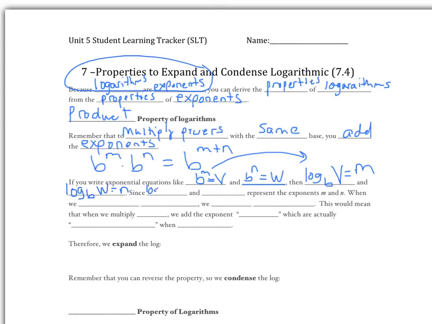Since log base b of v and log base b of w represent m and n, when we multiply powers, we add exponents.